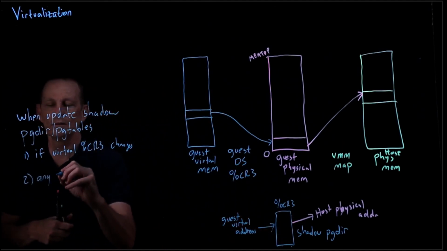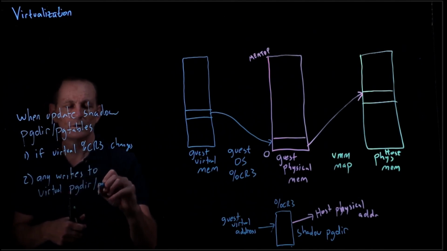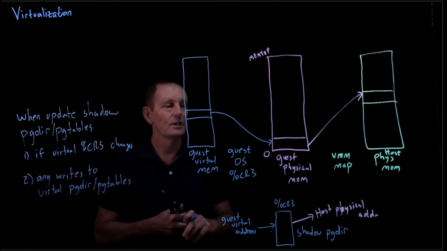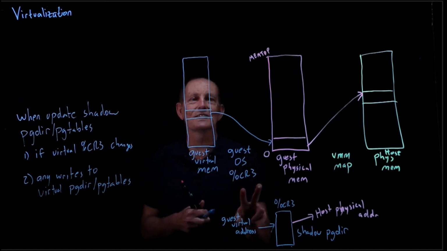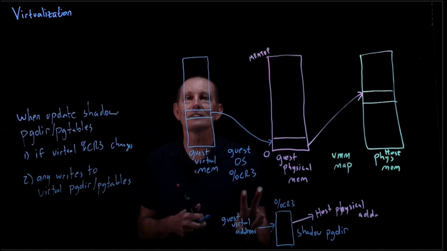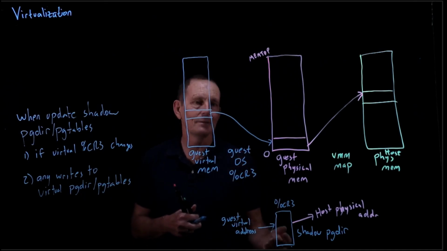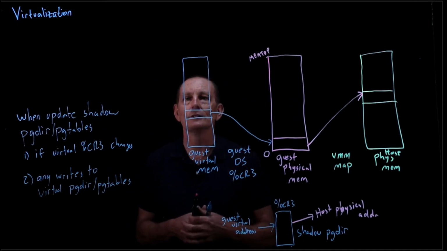Or on any writes to the virtual page dir or page tables, right? This CR3 points to a particular page directory. We're going to make sure that if the guest OS does any writes to that, we can capture that and update them in our shadow page table.